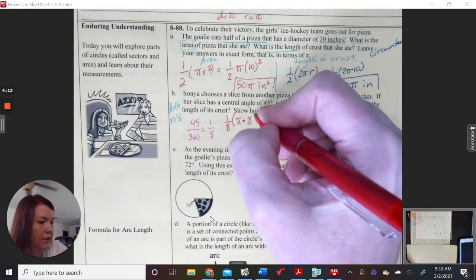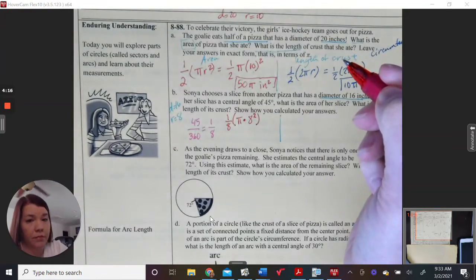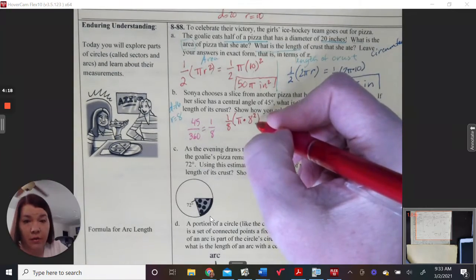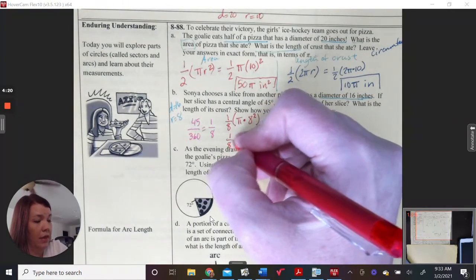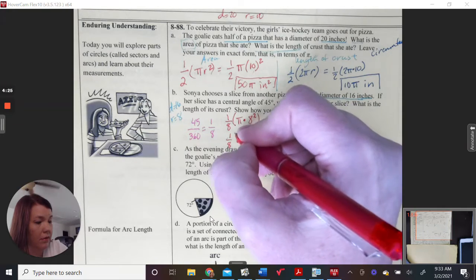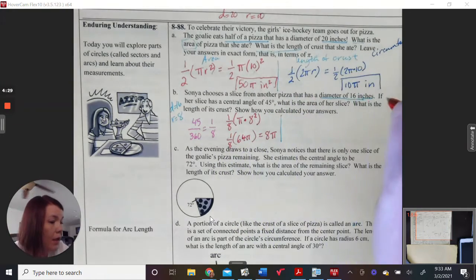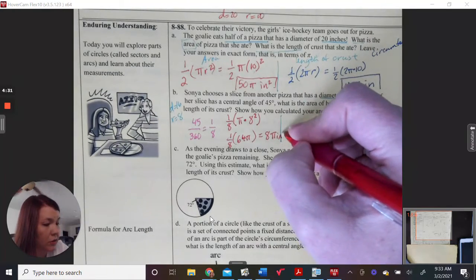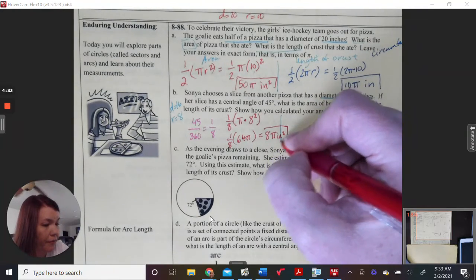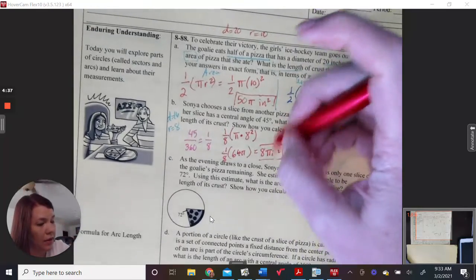So 8 squared is 64, 1/8 of 64 pi, and 1/8 of 64 is 8 pi inches squared.